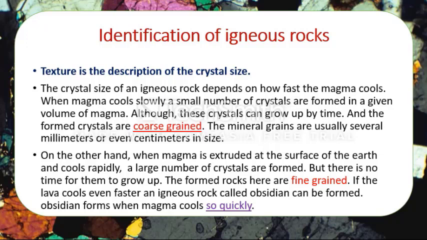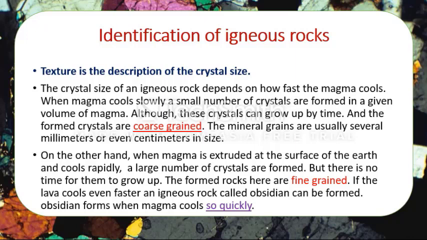So the rate of cooling is fast. If fast, it gives me fine grain. If very fast, it gives me glassy texture. If the cooling is accompanied by eruption and captures gases inside it, it is called frothy texture.